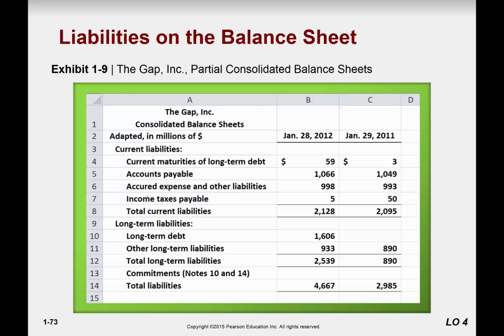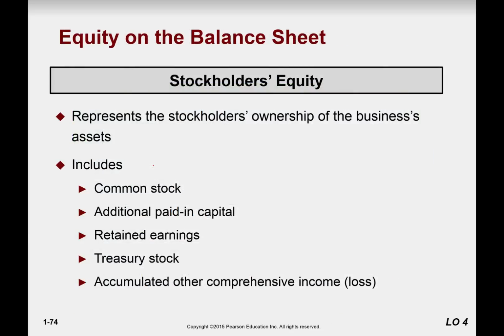And now we see, we're back to the GAAP financial statements, and now we see the liability section of current liabilities and long-term liabilities. And you see this amount does not equal our total assets, but we still need to go over now the stockholders' equity section. So stockholders' equity basically includes common stock, additional paid-in capital, our retained earnings, and our treasury stock.